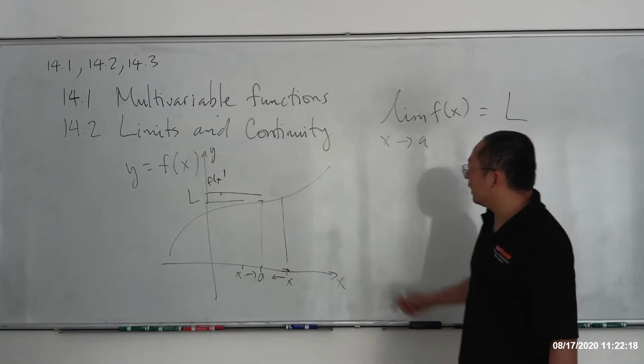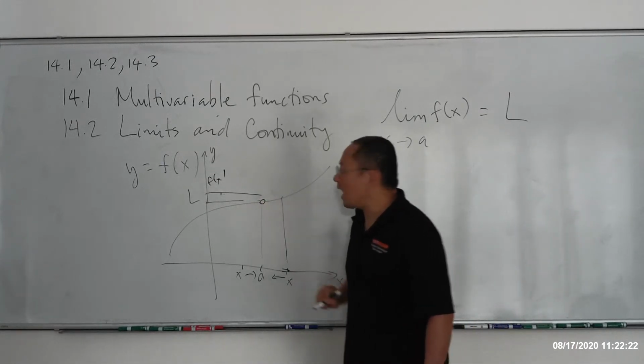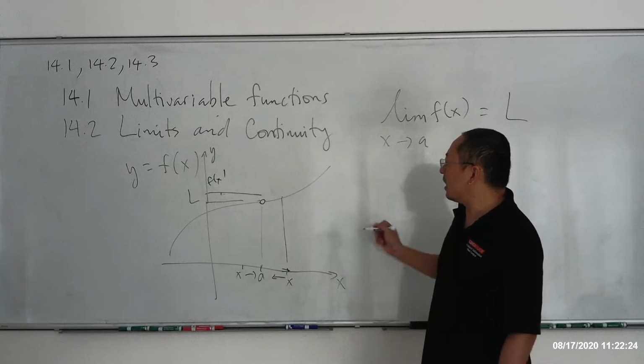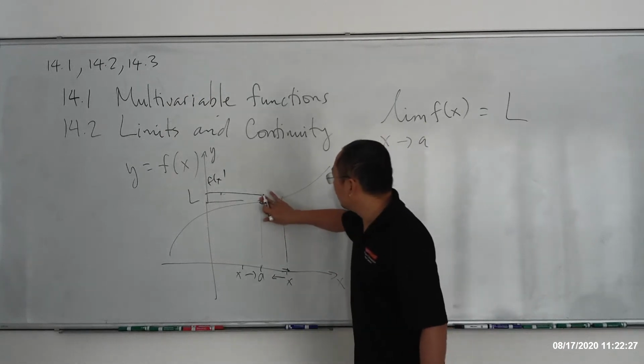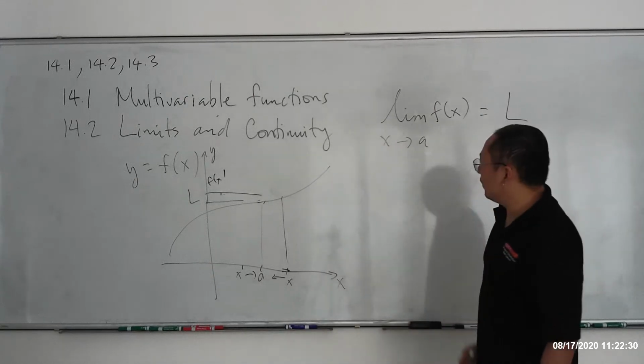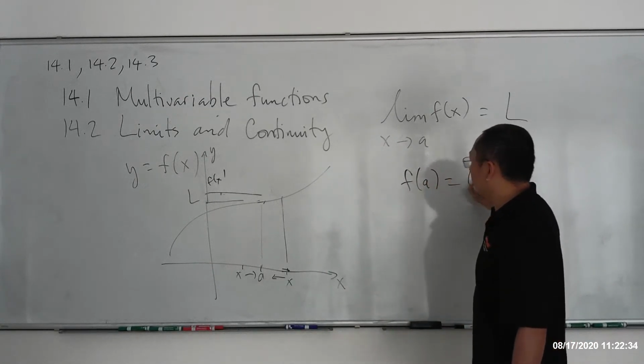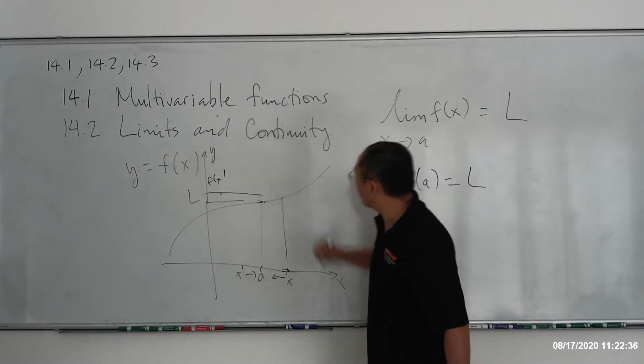And this is just for the limit, right? The graph may be missing some point right there, so it's not continuous, for example. It may or may not be continuous. That's the definition for the limit. And then if f of a is also equal to L, that means you have a point right here on the graph.